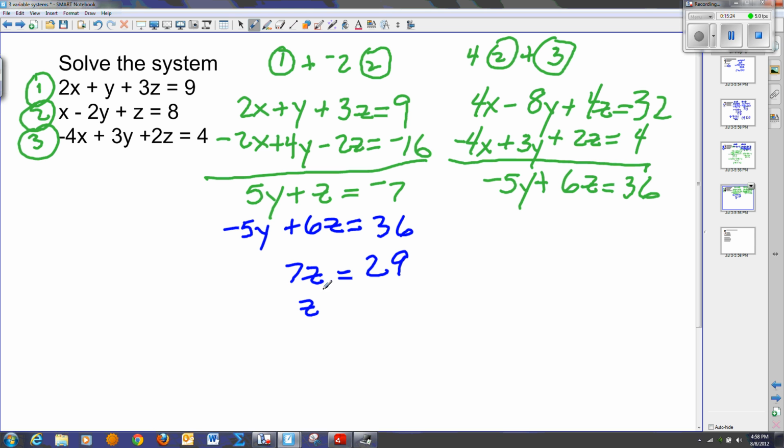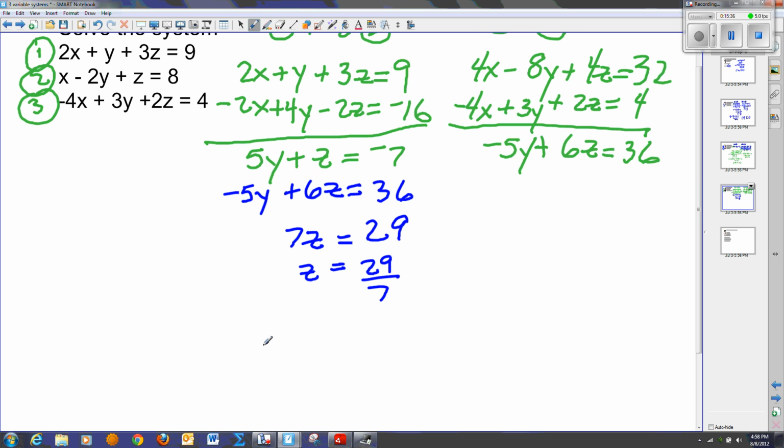And z equals 29 over 7, which is going to be nasty when I go back and try to solve this. So let's go ahead and do it. I'll just go straight up into this equation here for my back substitution.